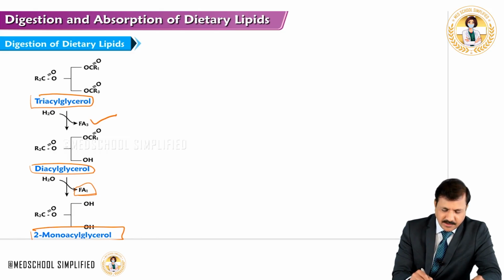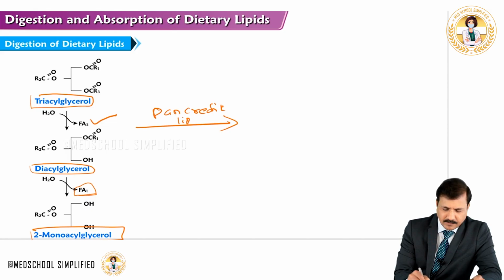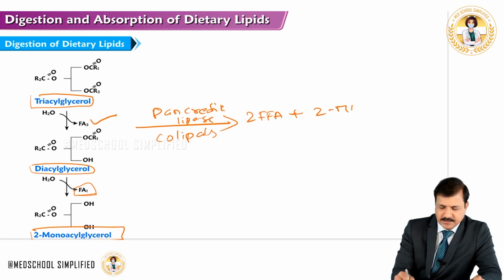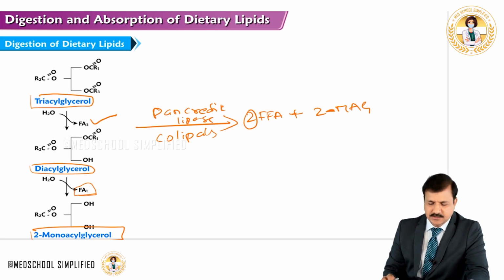So basically the outcome after the action of pancreatic lipase along with colipase is 2 free fatty acids and 1 molecule of 2-monoacylglycerol.